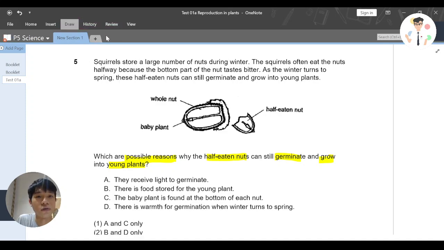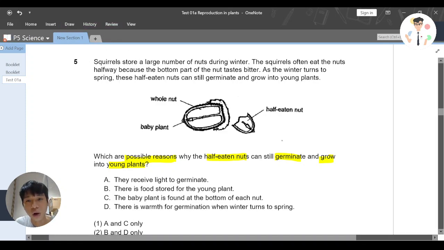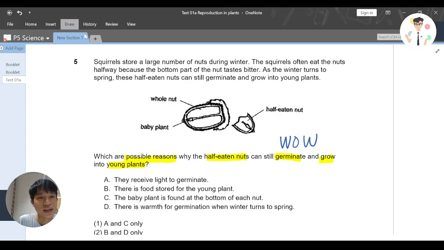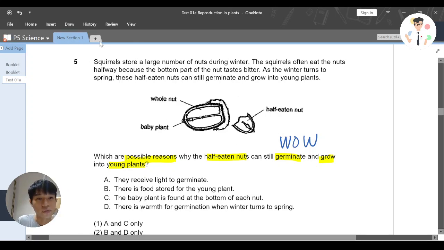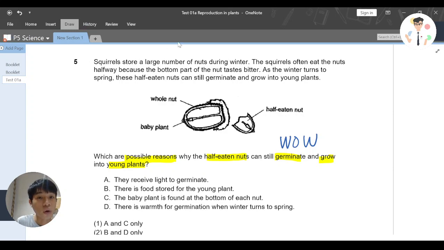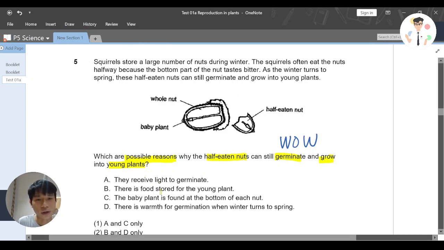A very important point is the conditions for germination. A says they receive light to germinate. Now, is light a necessary requirement for the seed to germinate? The answer is no, right? The next one, there is a food store for the young plant.